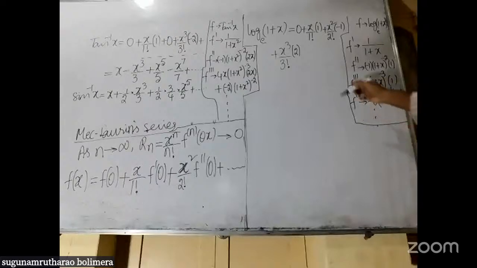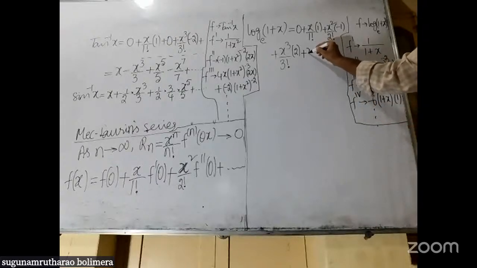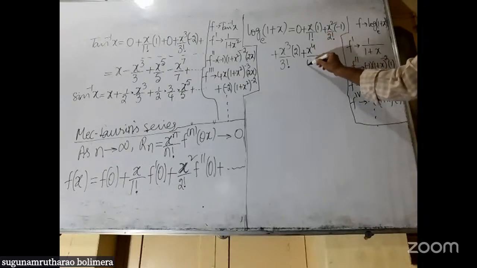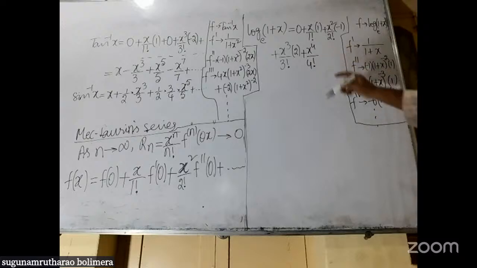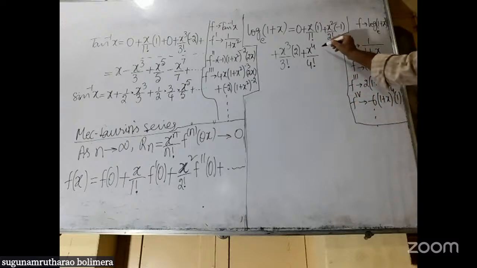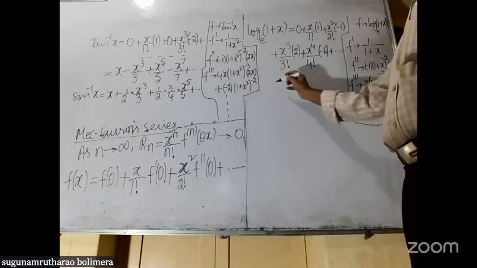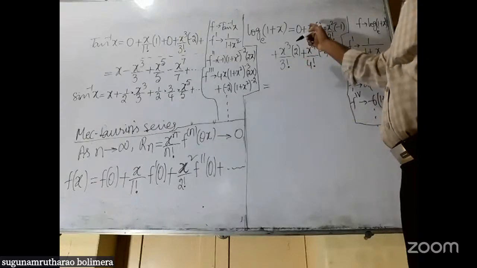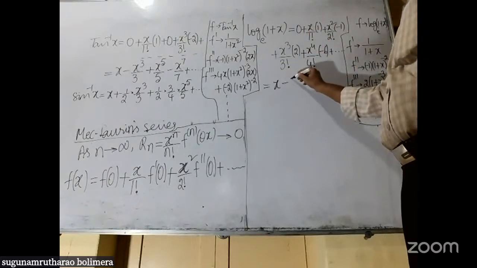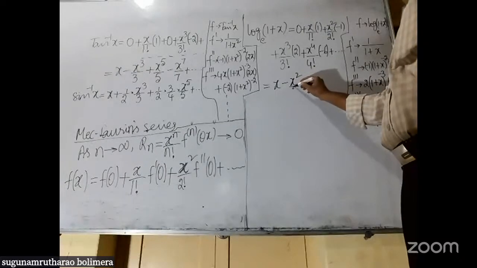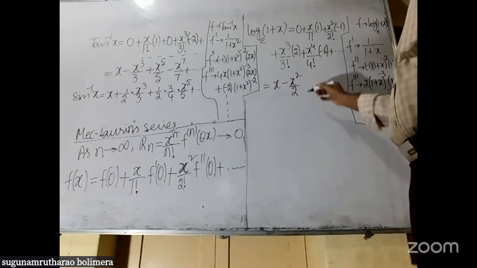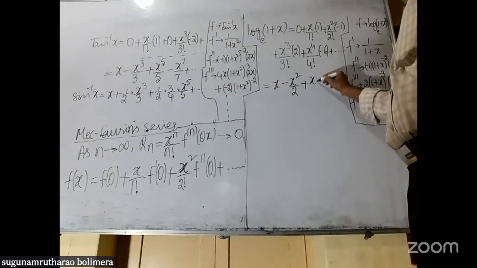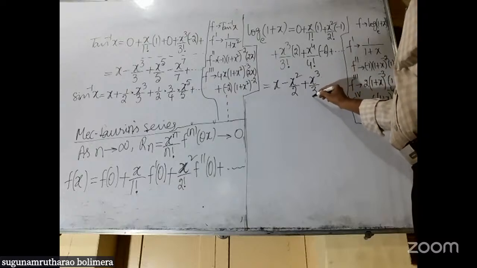And fourth derivative, plus x power 4 by 4 factorial into, put x equals 0, minus 6 and so on. So the expansion is nothing but x minus x square by 2 plus x cubed by 3.